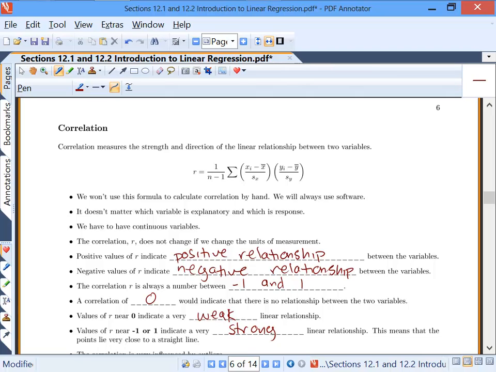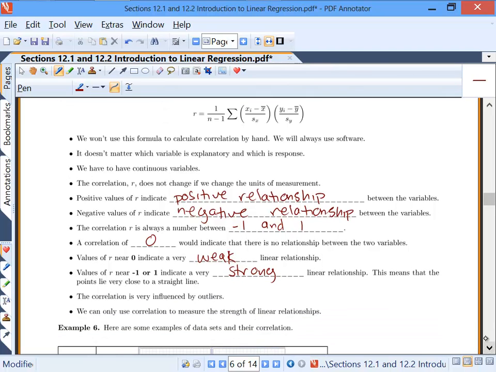That would mean that the points are very close to our straight line. Also, correlation is very influenced by outliers. You could have points very close to a line, throw in one outlier, and your correlation will go down by quite a bit.